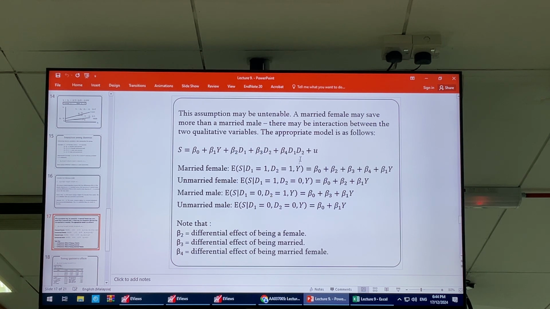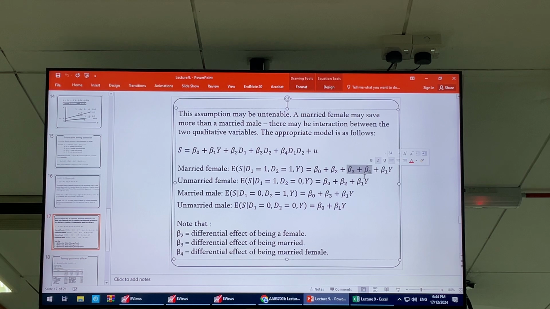If we add this, we can allow the effect of being married to differ between male and female. For male, the effect of married is just beta 3, but in the case of female, the effect of married is beta 3 plus beta 4. So we allow married females to have a different effect compared to married males.